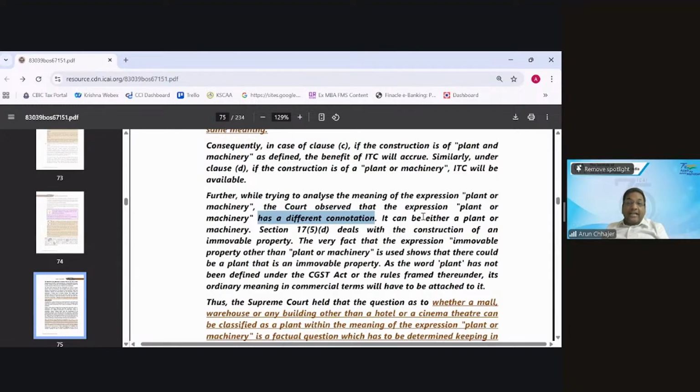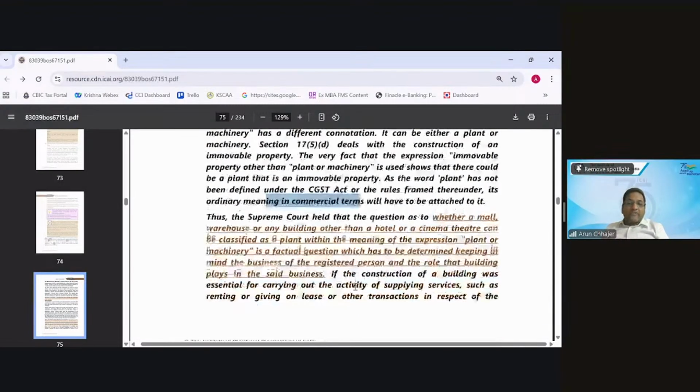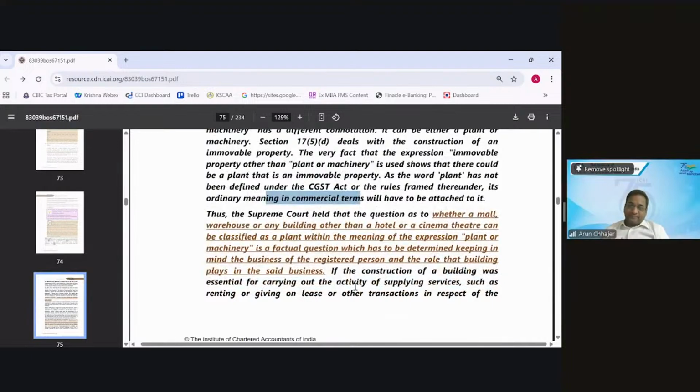It can be either plant or machinery. 17(5)(d) says construction of an immovable property; the very fact that the expression immovable property is used, there could be a plant that is immovable. As the word plant has not been defined in the Act or the rules framed thereunder, its ordinary meaning in the commercial sense will have to be attached to it.